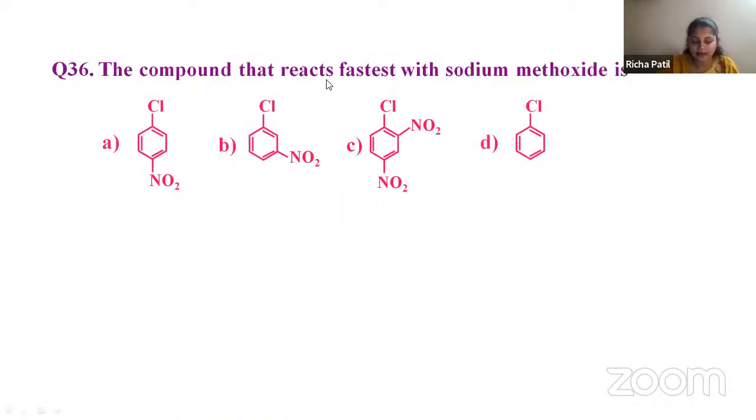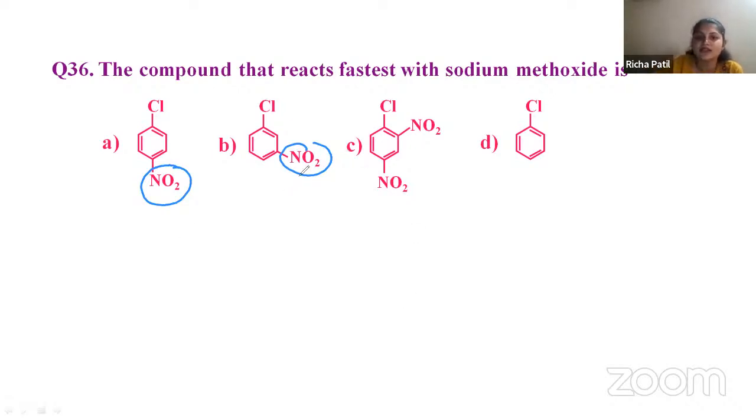The compound that reacts fastest with sodium methoxide is? Here there is the presence of a nitro group. If the nitro group is present, with respect to the halogen, what will it do?